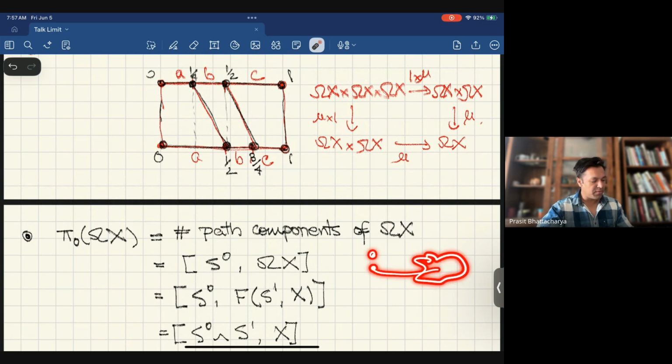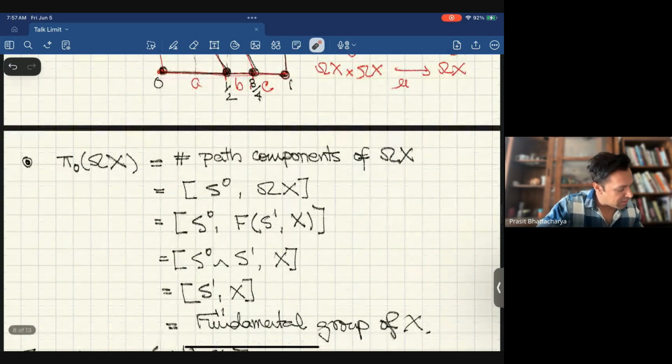So the base point always has to go to the base point, and the other point can go anywhere. But if you are considering up to homotopy, then the homotopy is giving you paths of the other point. So this is precisely the path components of loops of X.